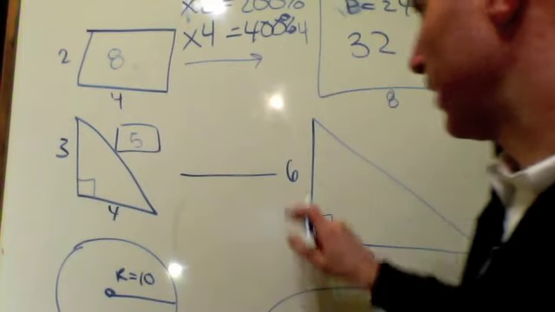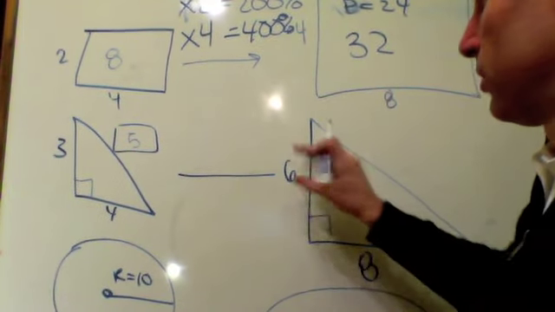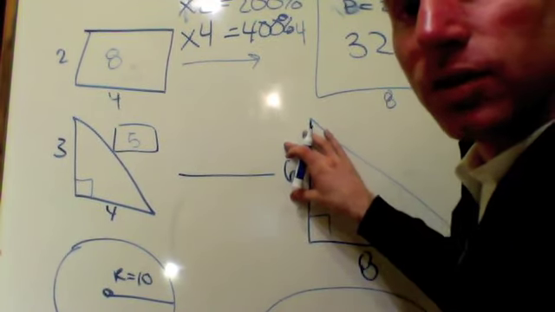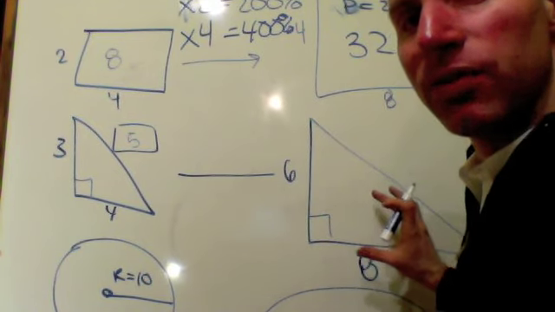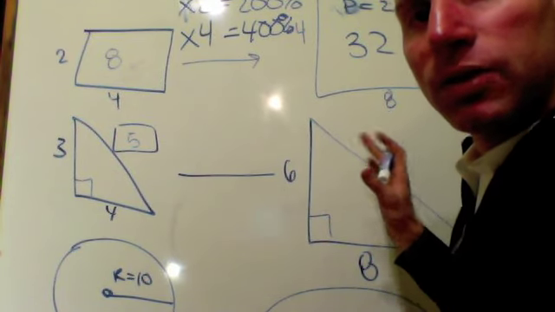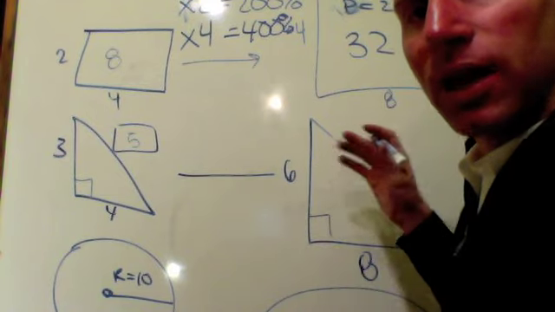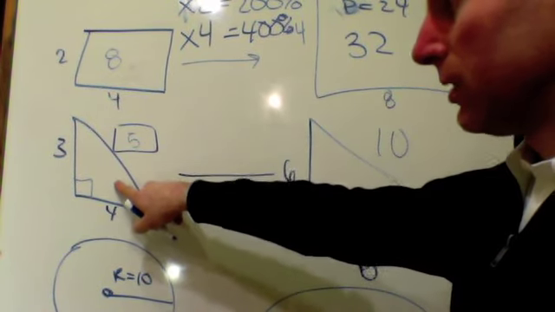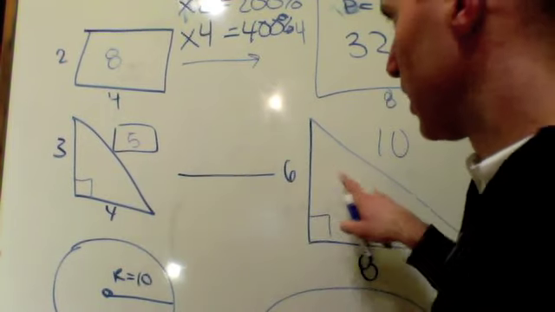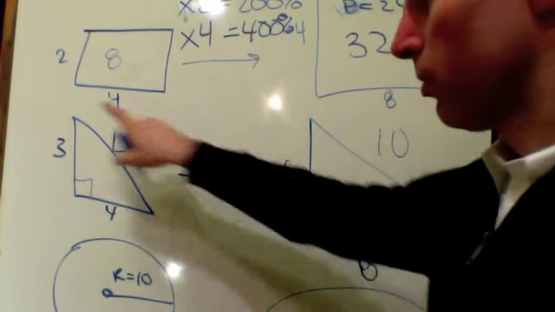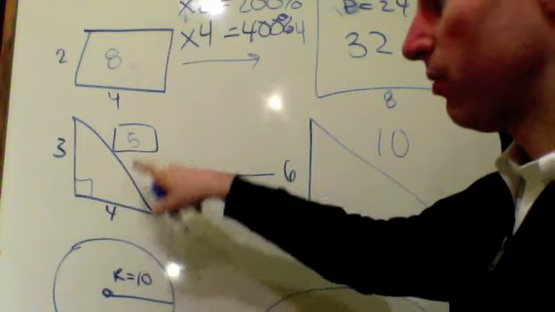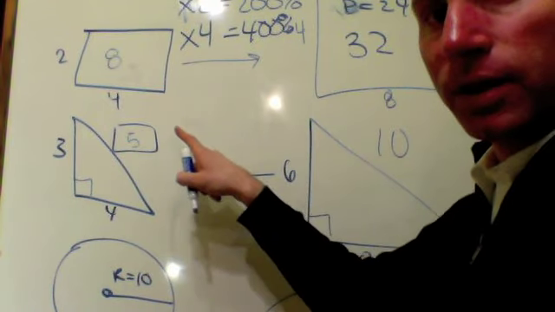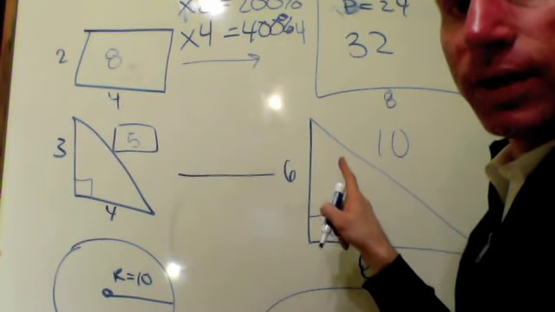And if I did the Pythagorean theorem here, 6 squared is 36, plus 8 squared is 64, would equal 100. So what times itself gets 100? That would be 10. By doubling the sides here, I've doubled the perimeter. Whatever the perimeter of a triangle that's 3 by 4 by 5, it's doubled in a new triangle that's 6 by 8 by 10.